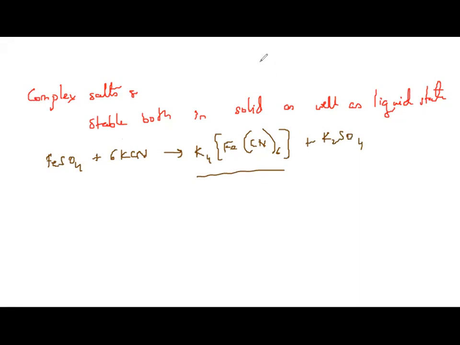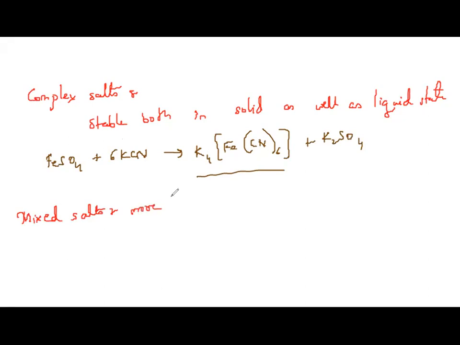The last type is mixed salts. What do we mean by mixed salts? The salts which furnish more than one cation or more than one anion when dissolved in water are called mixed salts.